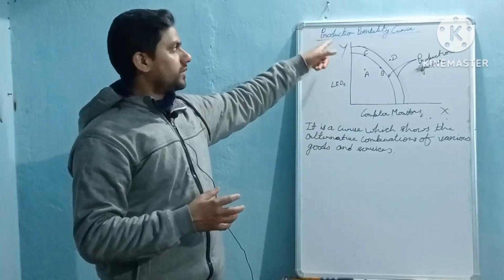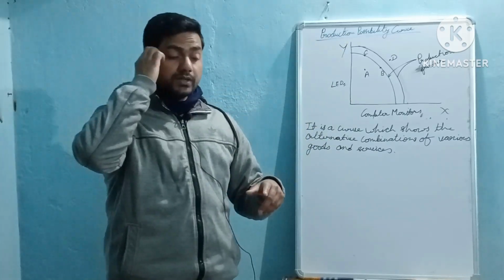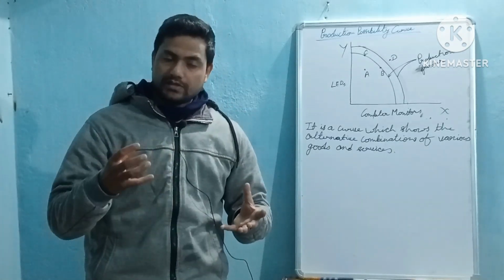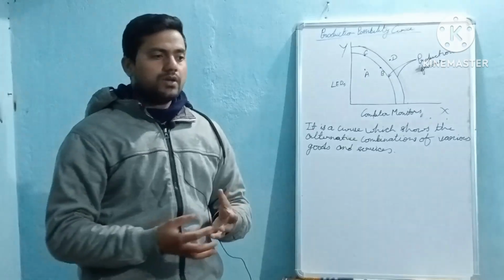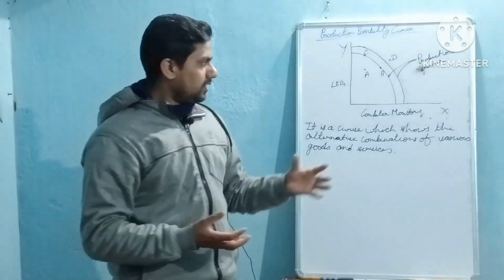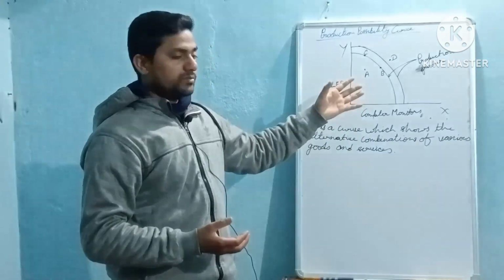That's why it's called production possibility: what different combinations are possible for different kinds of production, which are feasible. Those things can be represented by the production possibility curve.